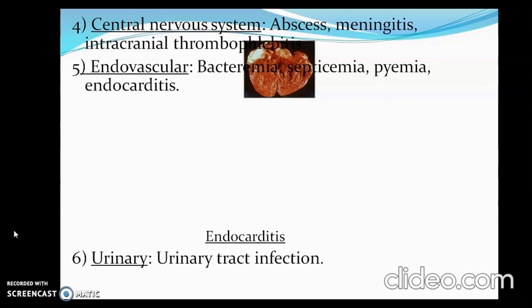And in the endovascular system, it causes bacteremia, that is bacteria in blood, septicemia, pyemia, endocarditis. Endocarditis refers to the infection of the heart's inner lining, usually involving the heart walls. And urinary tract infections are very rare or uncommon, but sometimes they result in urinary tract infections also.